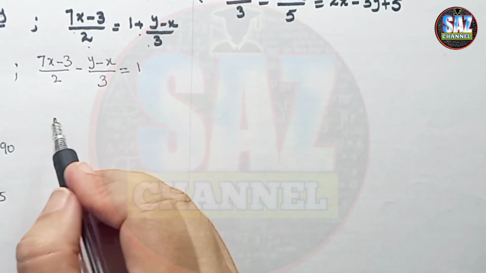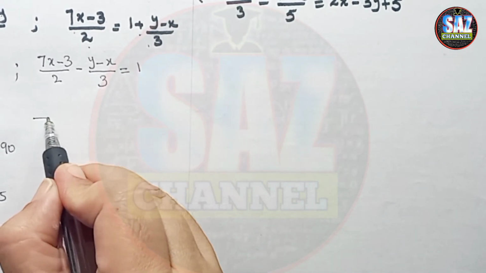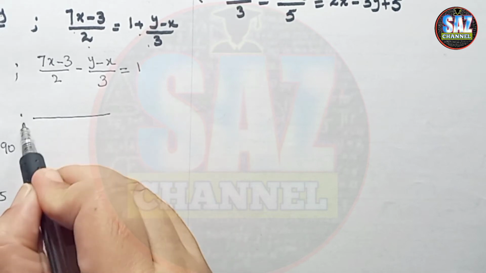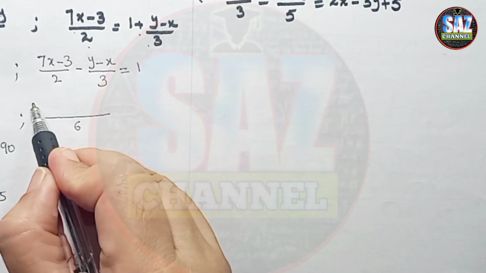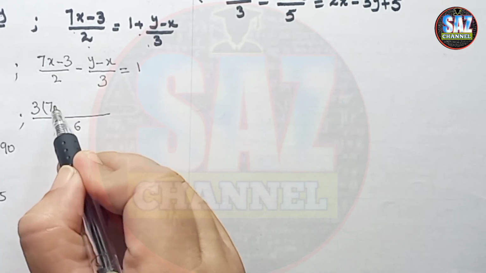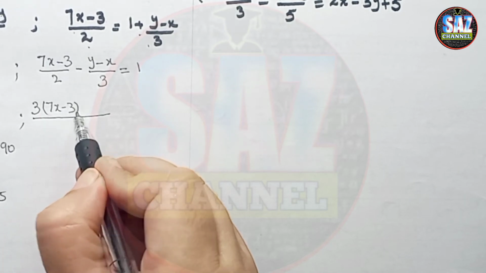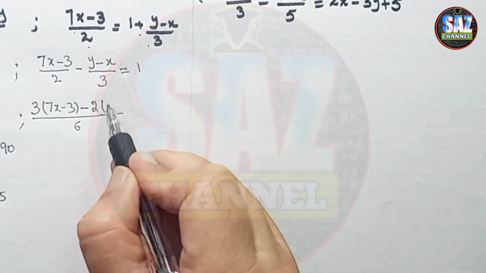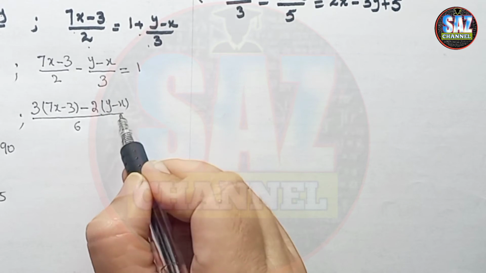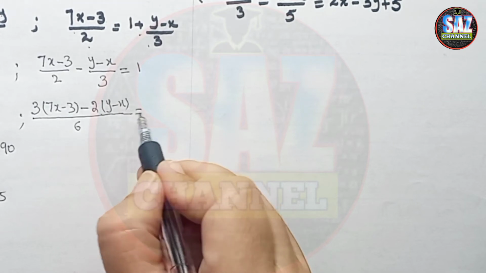Now take the LCM, and the LCM of 2 and 3 will be 6. So 3 will be multiplied by (7x - 3), and minus, 3 twos are 6, 2 into (y - x), equals 1.